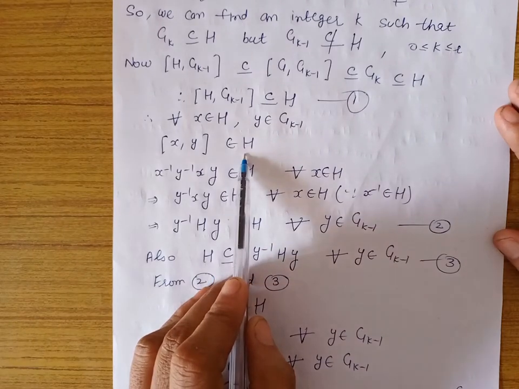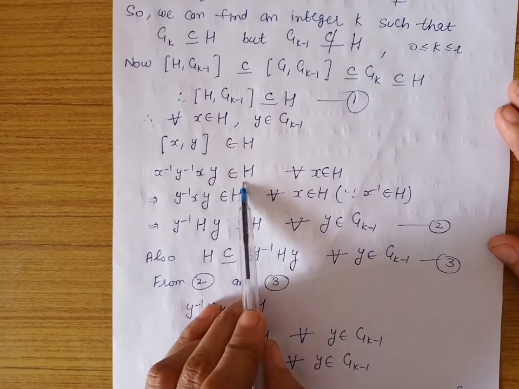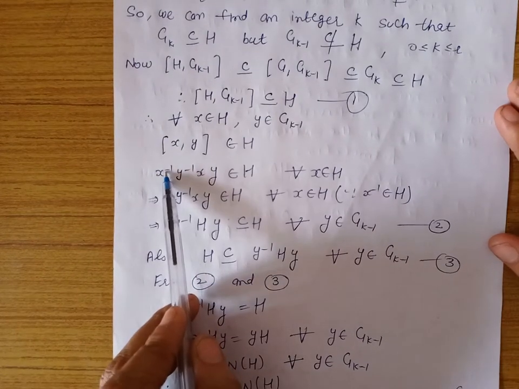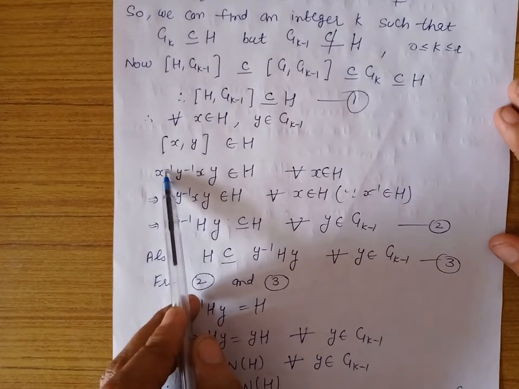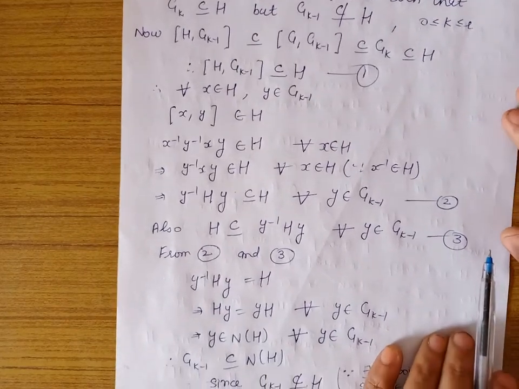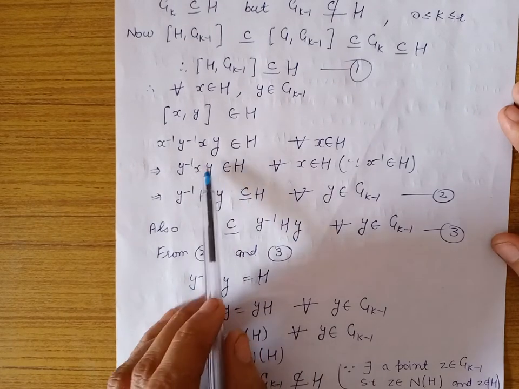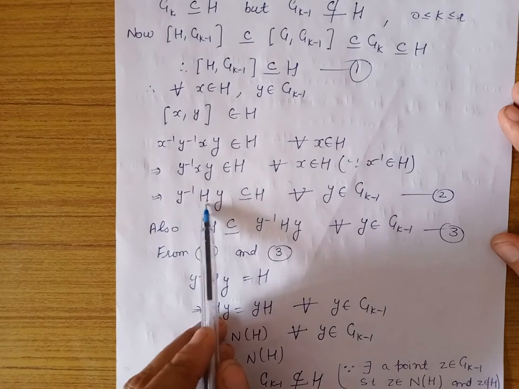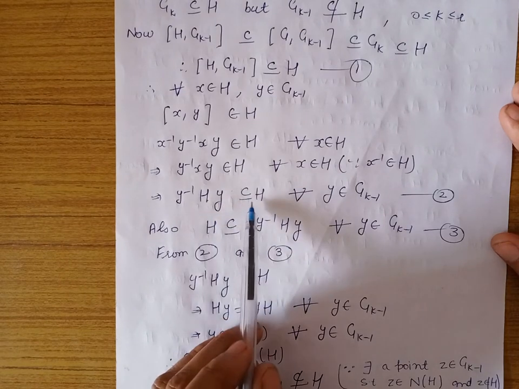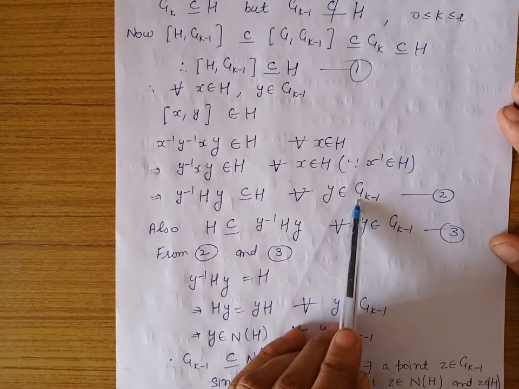By definition of the commutator of two elements, X inverse, Y inverse, XY belongs to H. Now X inverse already belongs to H because X belongs to H and H is a subgroup of G. Therefore Y inverse XY belongs to H. This is an element of Y inverse HY, so Y inverse HY is contained in H, and this is true for every Y belonging to Gk minus 1.